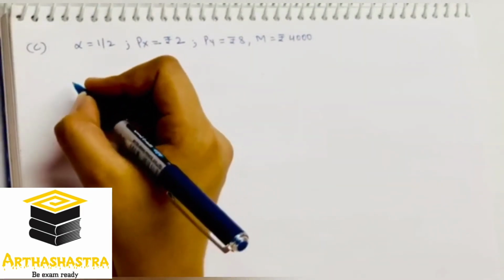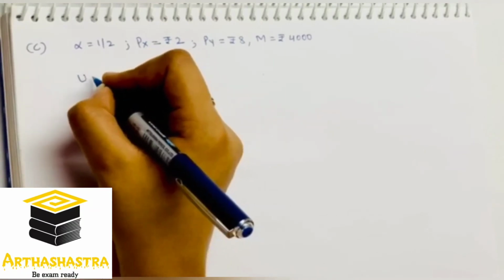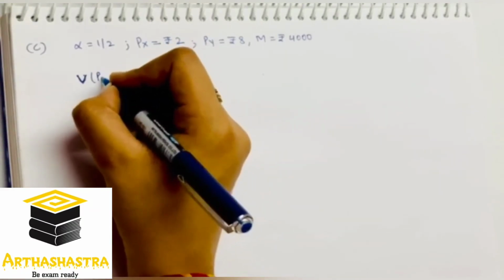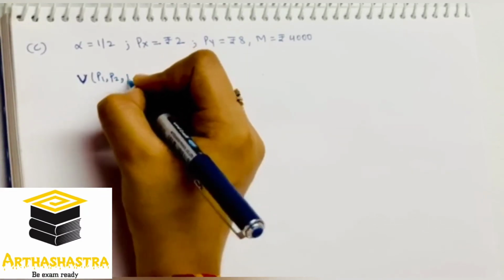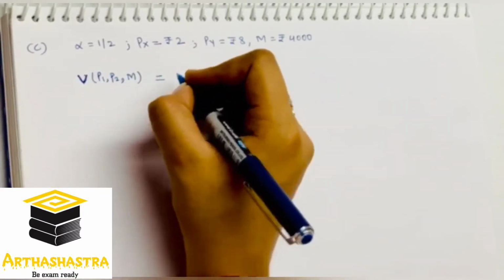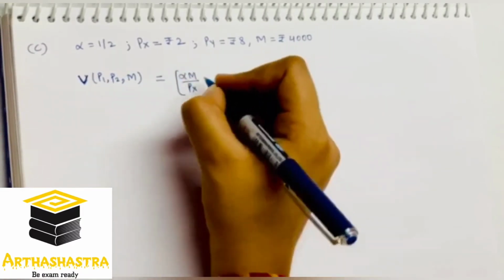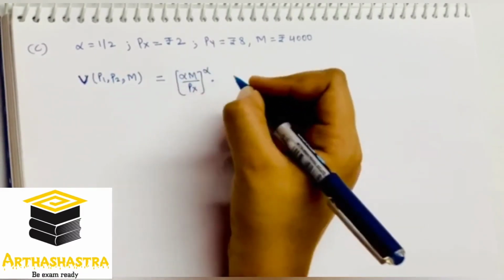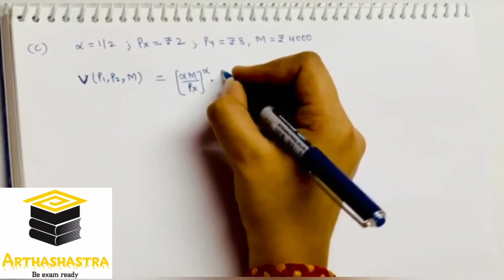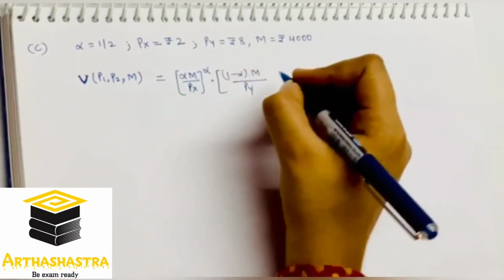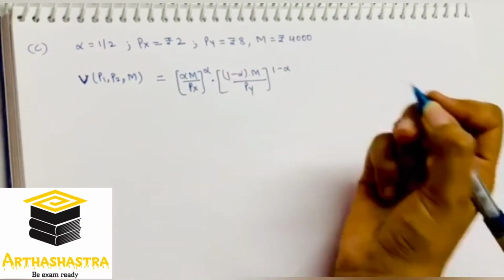So our indirect utility function was v, a function of px, py, m, as (alpha times m over px) whole raised to the power alpha, times ((1 minus alpha) times m over py) whole raised to the power 1 minus alpha.